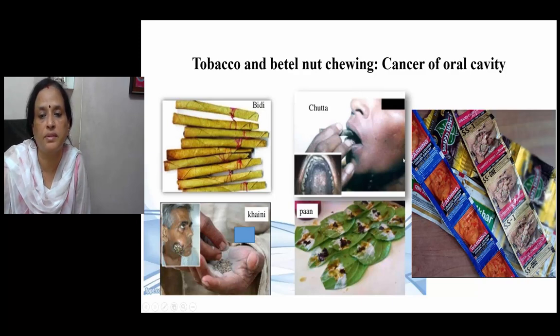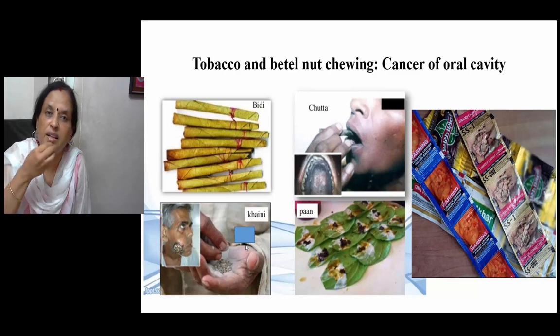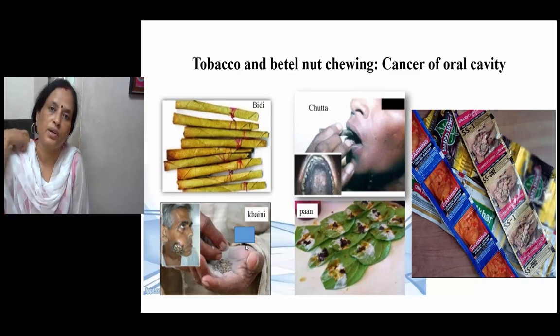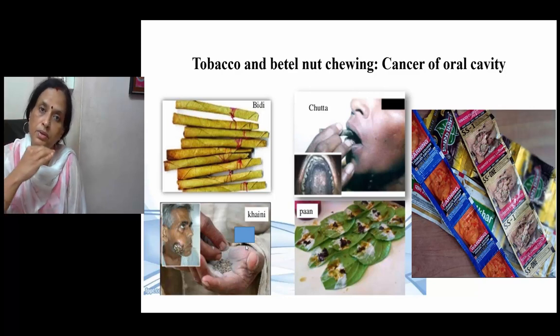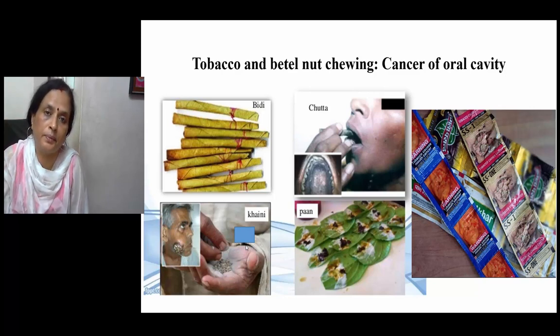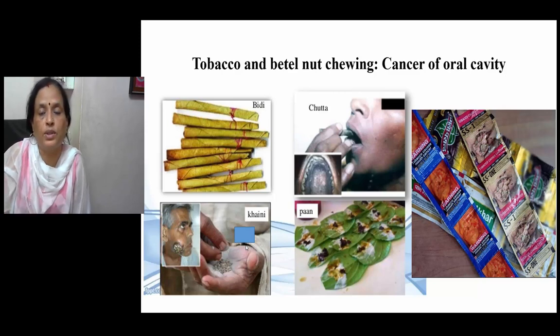So cancer. Just have a look at all this. So pan is also one of the etiological factors, which is, so when pan is kept as a quid in the oral cavity for a very long time, so it causes chronic irritation there. And that too pan with tobacco, that is more dangerous.